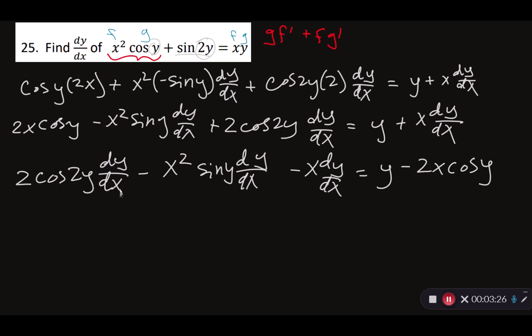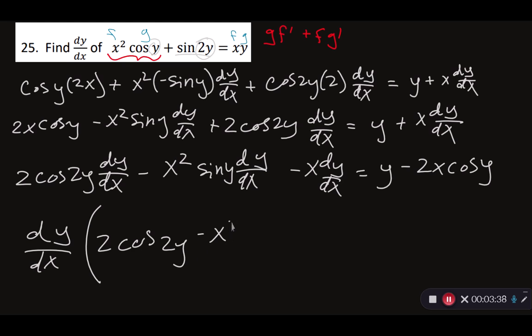And now that we have a common factor of dy/dx on the left-hand side, we can go ahead and factor it out. So we have dy/dx times 2 cosine 2y minus x squared sine y minus x equals y minus 2x cosine y.